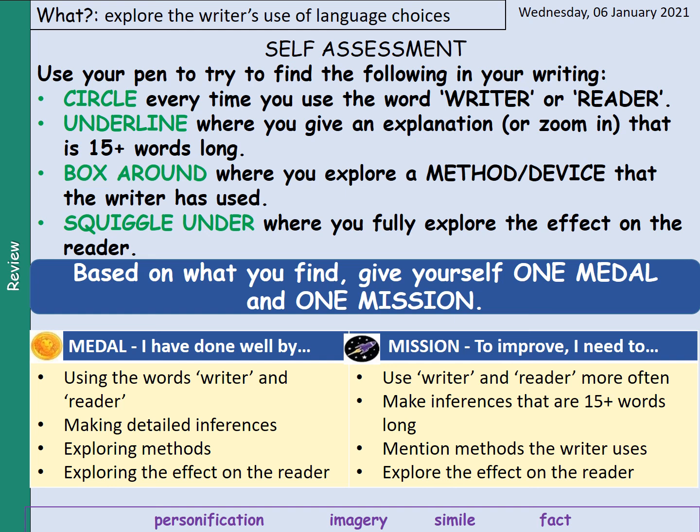A mission could be something that you need to improve. Use the word writer and reader more often. You need to make your inferences 15 words or more. You might need to mention methods that the writer has used or explore the effect on the reader. So choose one medal from the left and one mission on the right to give yourself based on your PEE paragraphs.